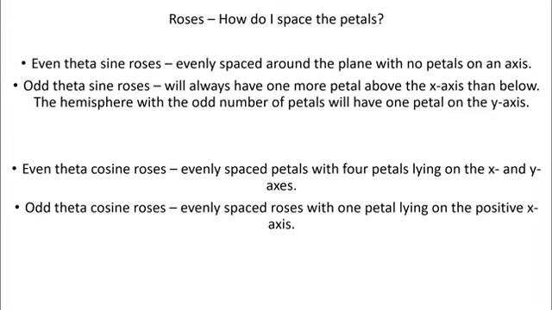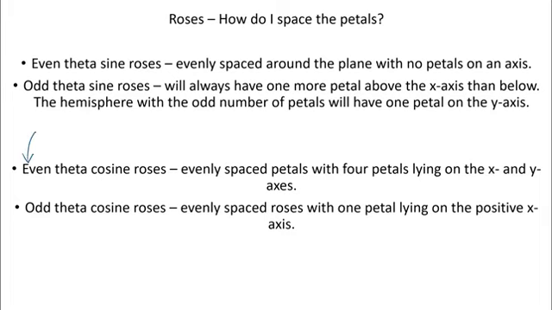In the case of sine of 5 theta, I know I'm going to have 3 petals above, 2 below. 3 is the odd number. That's the number of petals above the x-axis. So I know that middle petal has to be lying on the positive y-axis. And the other petals have to be evenly dispersed around that one.